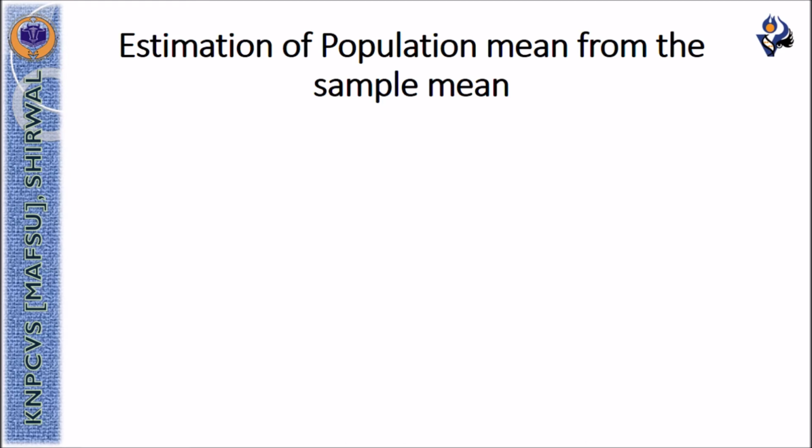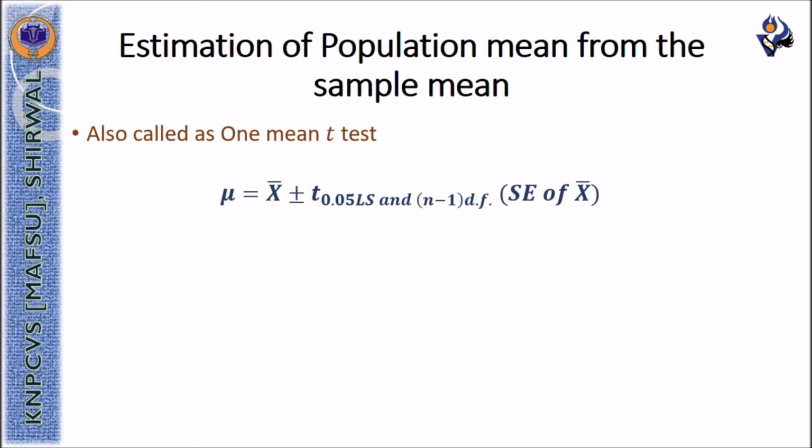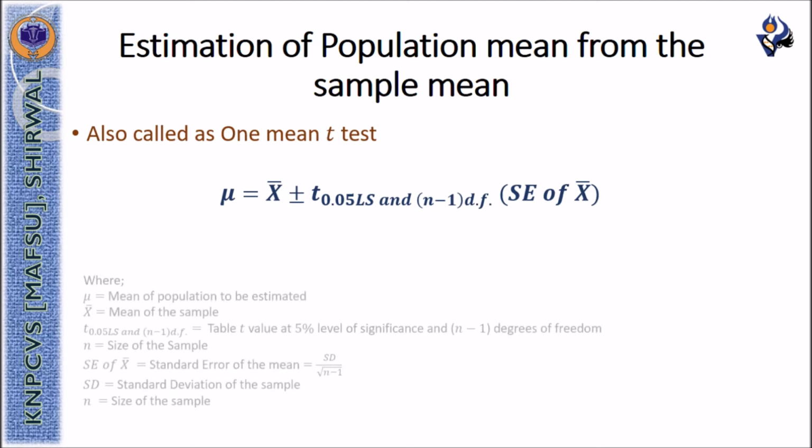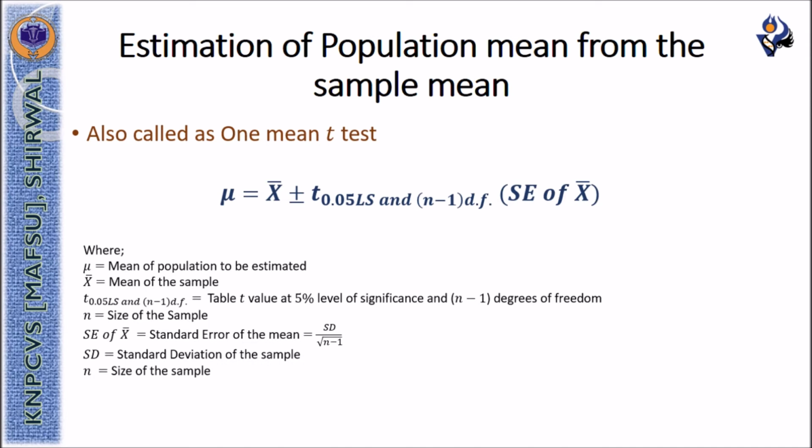T-test is used to estimate population mean from the sample mean. It is also known as one-mean t-test, where the population mean is estimated using sample statistic, the sample mean x bar, and population mean is calculated with the formula x bar plus or minus t table value at 5% level of significance and at n-1 degrees of freedom into standard error of the mean.